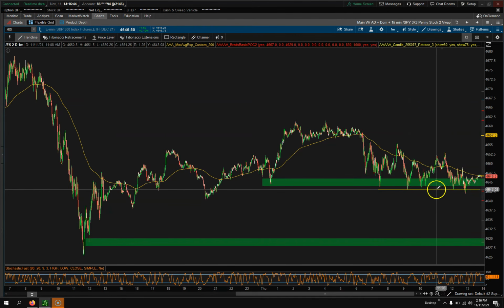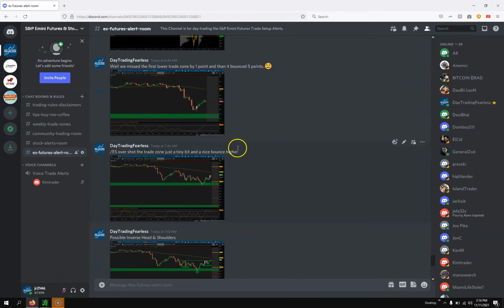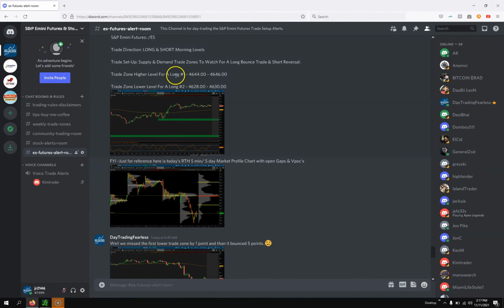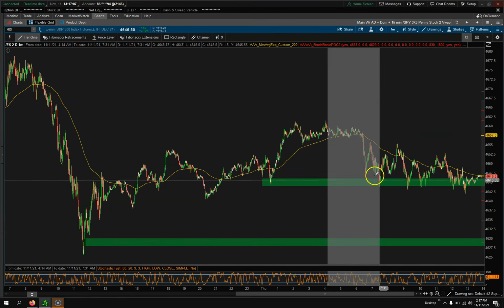Now, finally, let's take a look. Really not many trades today. I did say this morning, watch two levels below for longs, the 46.44, the 46 level, and the lower level never even got hit. But look at this, right?